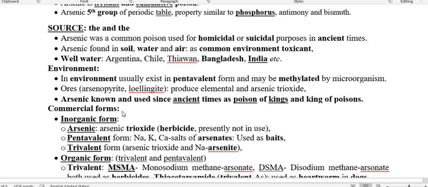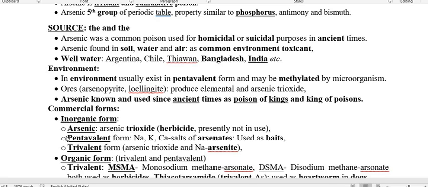If you compare trivalent and pentavalent arsenic, both are no doubt toxic, but trivalent arsenic is about 5 to 10 times more toxic than pentavalent arsenic.